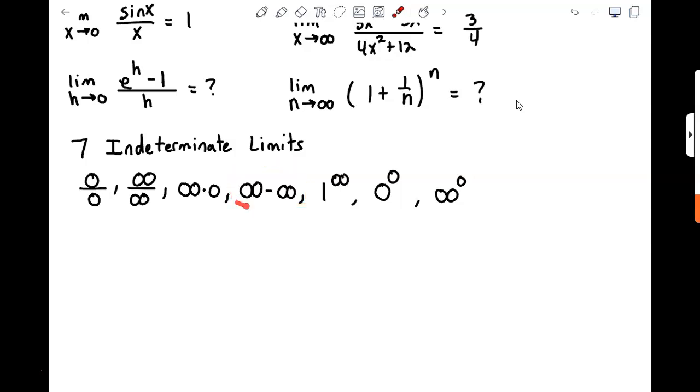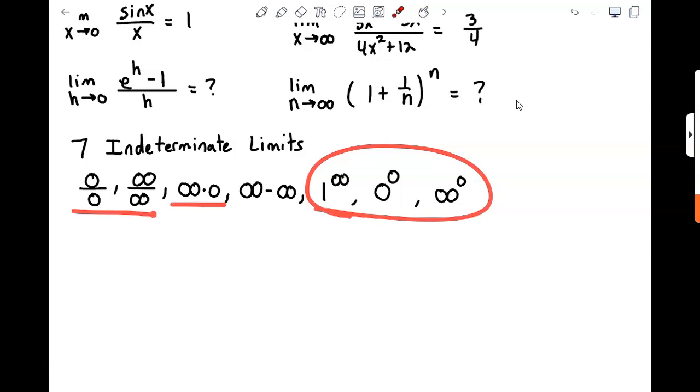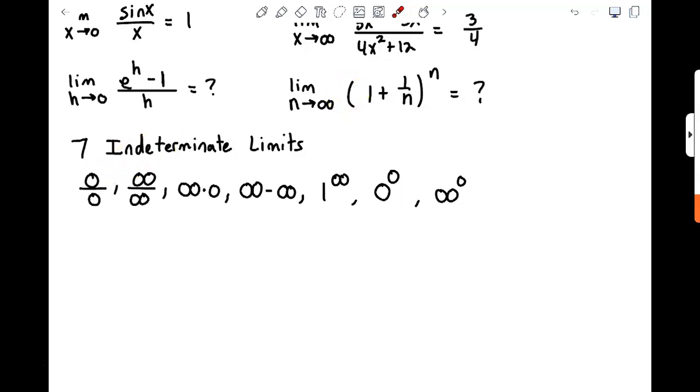We try to use some different techniques to somehow transform it into one of the original two. And these last three will all require us to use a logarithm, specifically the natural log, to transform it into an infinity times 0, which we can then transform into one of these two. Okay, so that's the idea here.